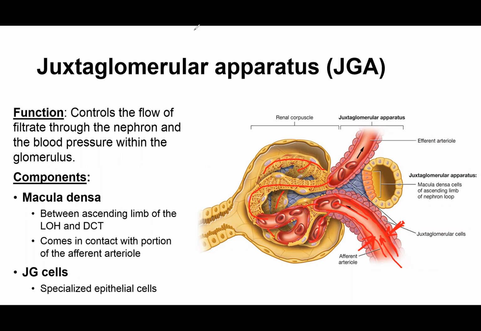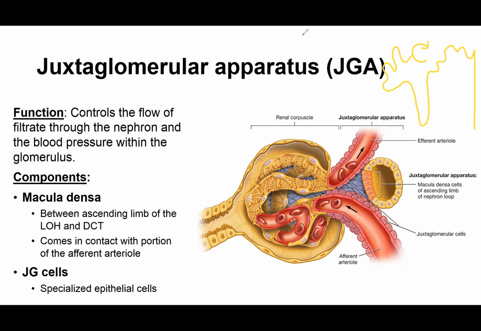All right. On the other note, I told you guys that we had these other cells here, and these ones over here, they're called the macula densa cells. The macula densa cells, they're located between the loop of Henle and the distal convoluted tubule. So let me just do this really quick. So we have this proximal convoluted tubule, loop of Henle, distal convoluted tubule, collecting duct.